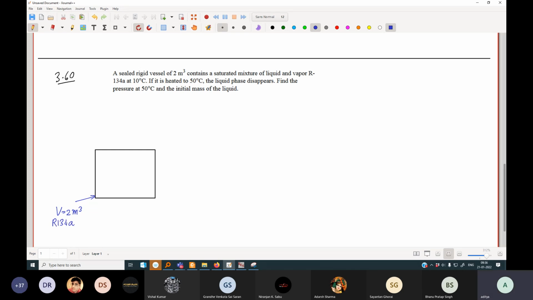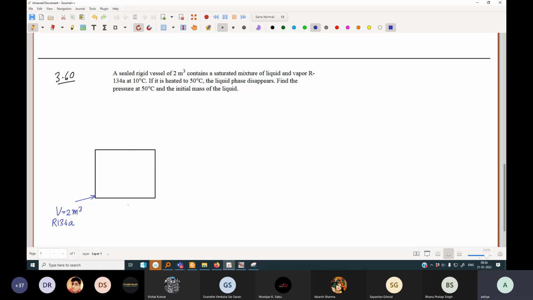This is widely used in car air conditioners, in vehicular air conditioners, and a few, like maybe 5 to 6 years ago, it used to be used in household air conditioners as well. I think it was banned all over the world because of its greenhouse potential, but it's still used in Japan and India.